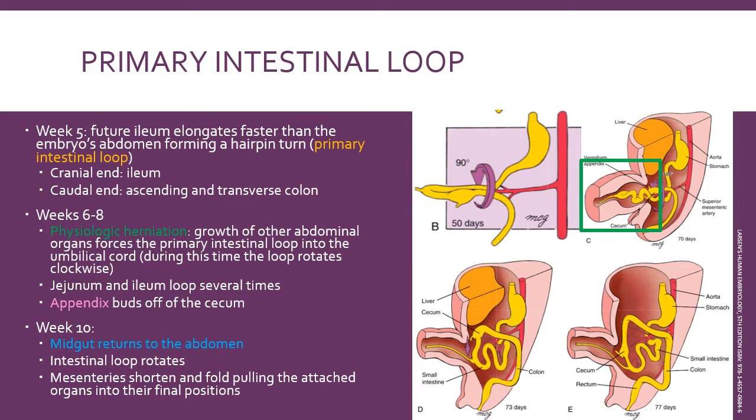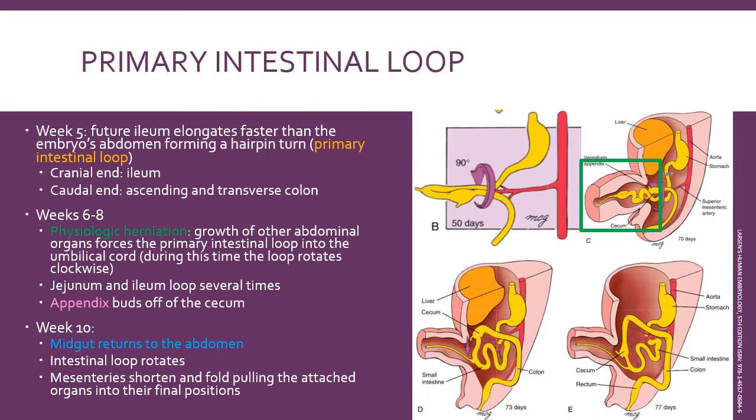Also during this time, that forces the intestinal loop to rotate because, of course, everything rotates. It's going to rotate clockwise, and that rotation plus the pressure from the other abdominal organs forces the jejunum and the ileum to make several loops, and that looping structure of the bowel makes it more compact, keeps it confined within the abdomen.